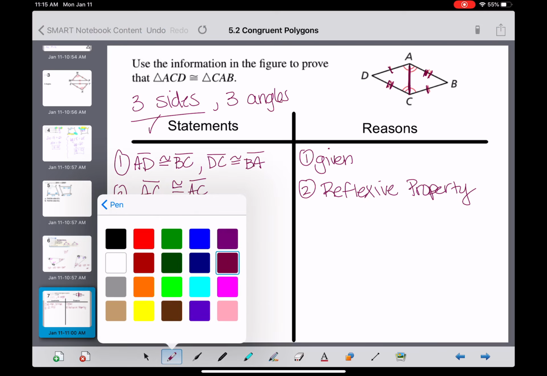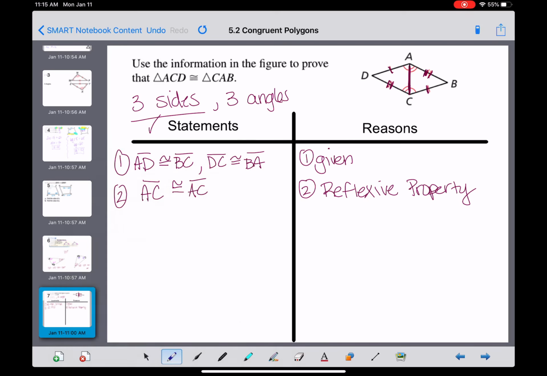Now I need to show that all corresponding angles are equal to each other. So I have 1 arc mark that shows congruency and 2 arc marks that show congruency. So I have 2 angles done for me. I can't just say angle A because there's actually 2 different parts.